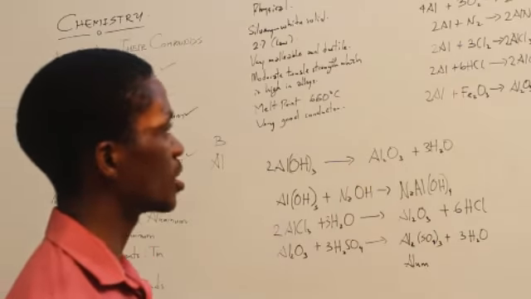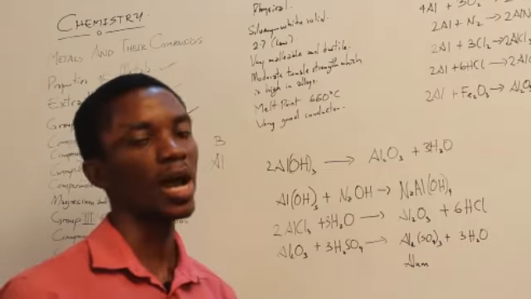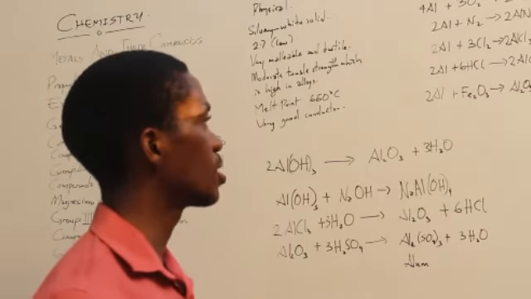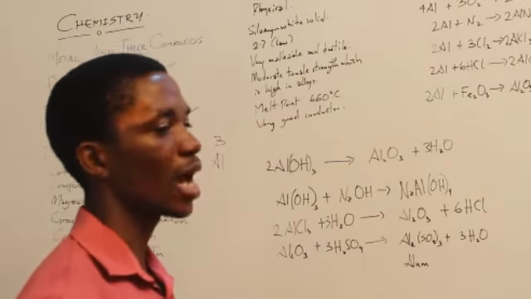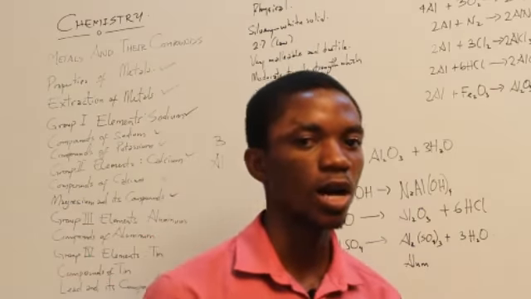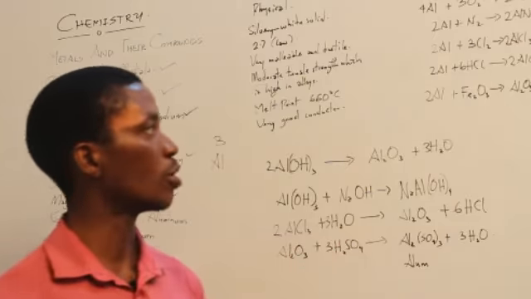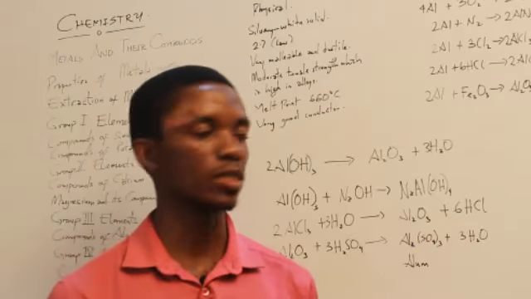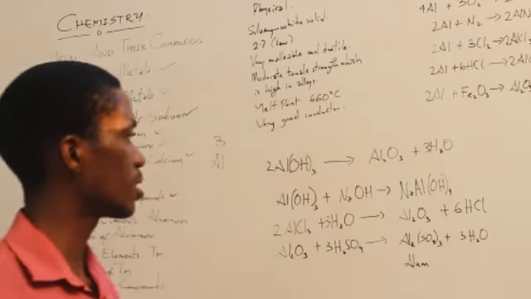It also reacts with acids to liberate hydrogen. It reacts with iron 3 oxide, displaces iron from it, and forms aluminium oxide.